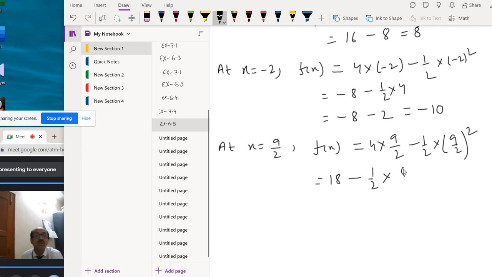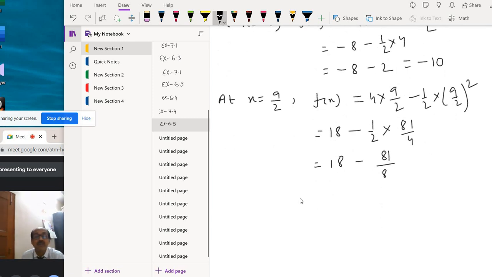Taking 8 as the LCM, 8 into 18 is 144, minus 81 equal to 63. So 63 by 8.